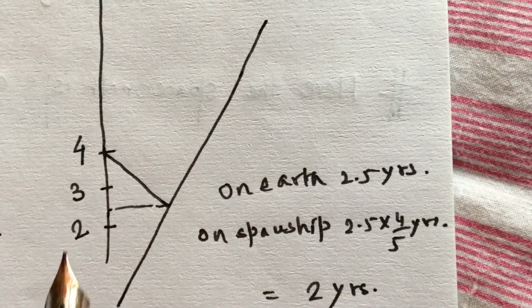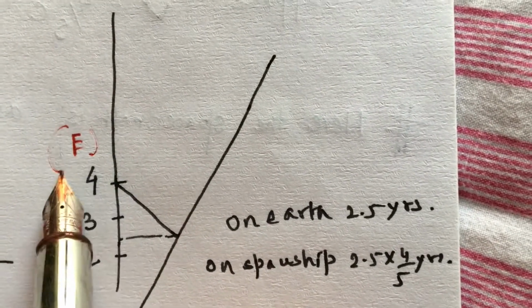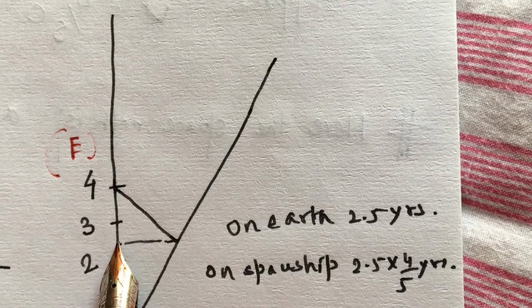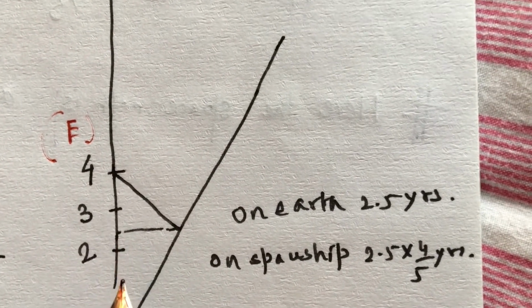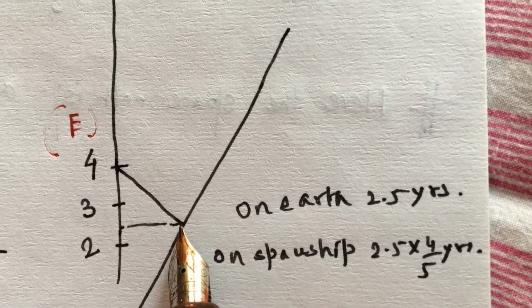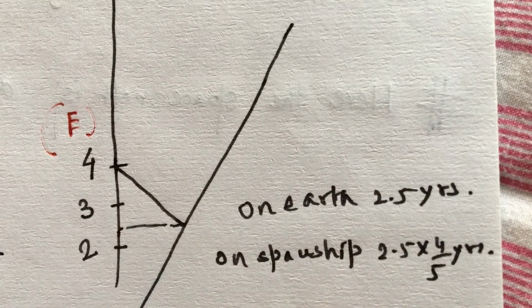What if the twin residing on Earth is of age 4 years? This is approximately 2.5 years. So on Earth, this point corresponds to 2.5 years.